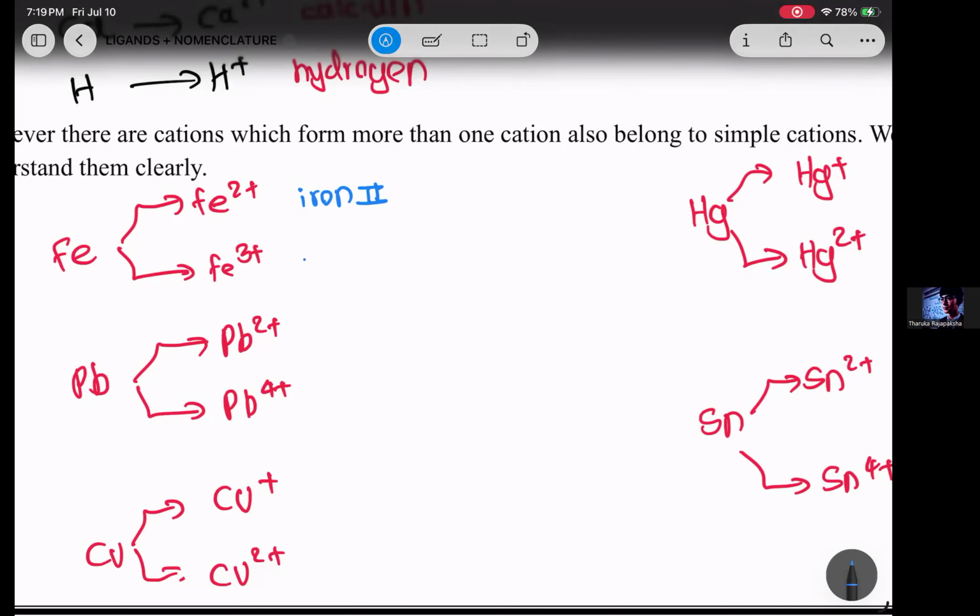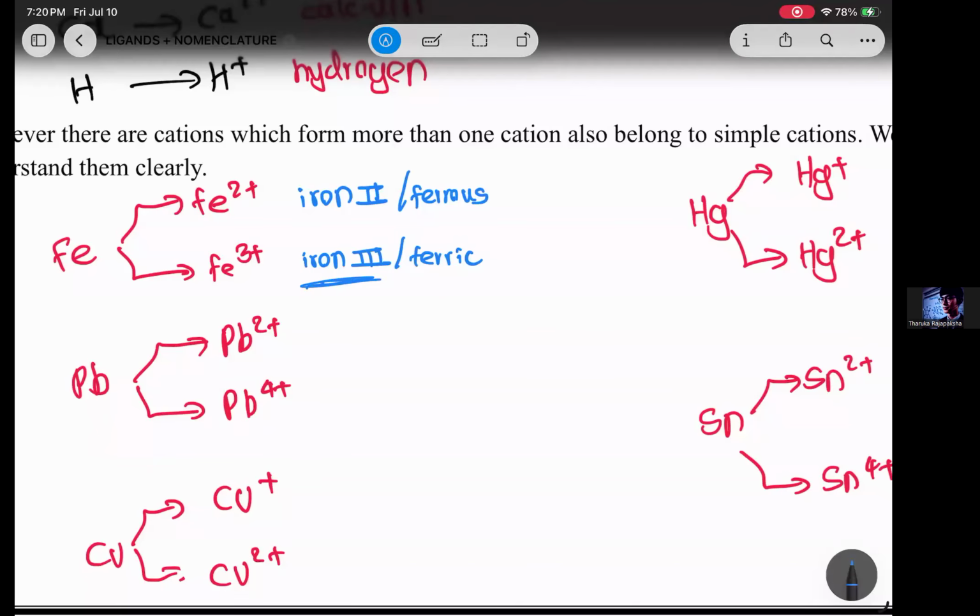This is iron 3. Lead we can call plumbum. That's the other name we can use. For iron, we can also call it ferrous, and this is ferric. This is another name which can be given, but I prefer you writing iron 3.